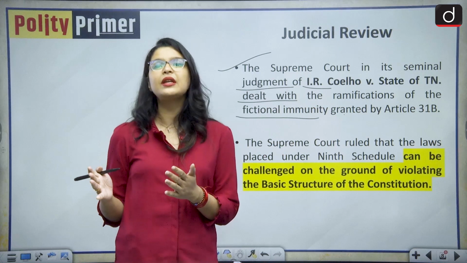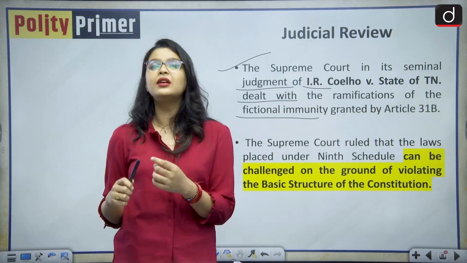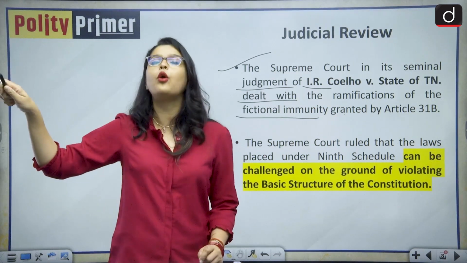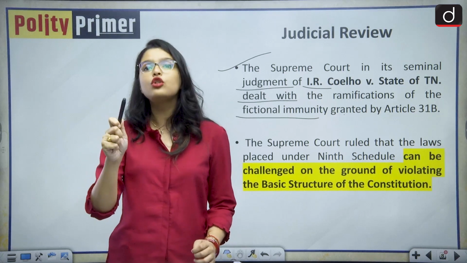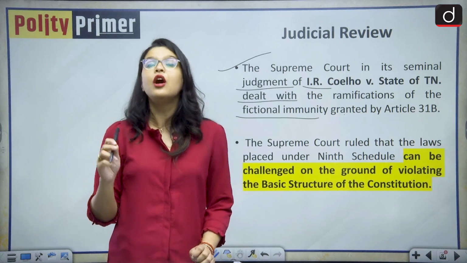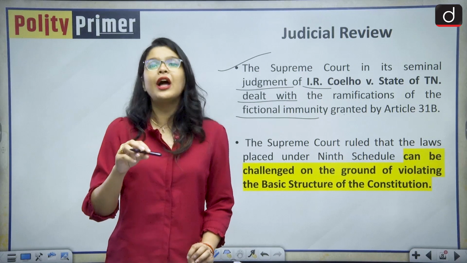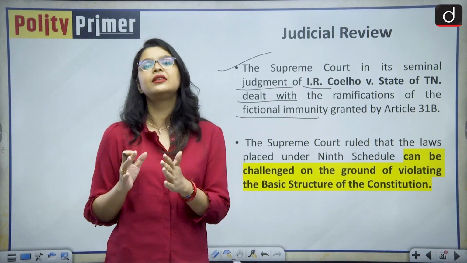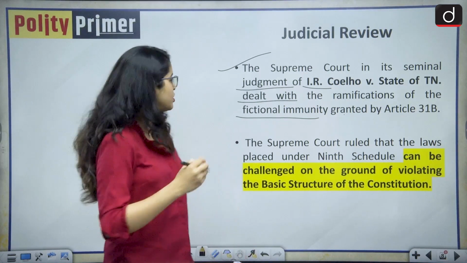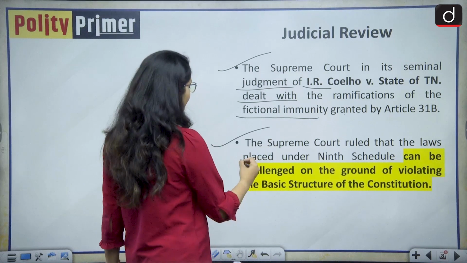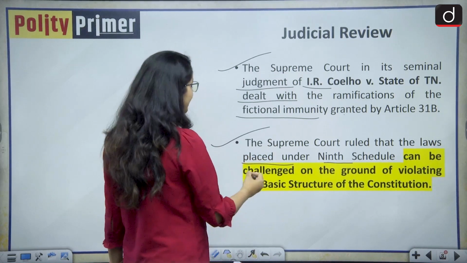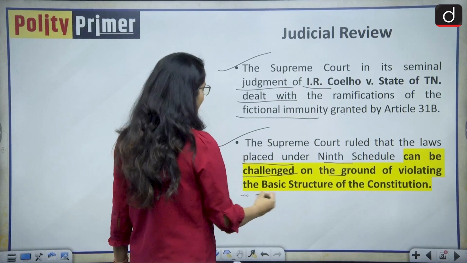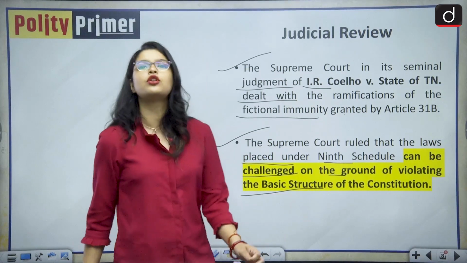As I was explaining before, Article 31B had retrospective operation, and even those laws which were unconstitutional were becoming valid just because they were placed in the 9th schedule of our Indian Constitution. The Supreme Court ruled that laws placed under the 9th schedule can be challenged on the ground of violating the basic structure of the Constitution.